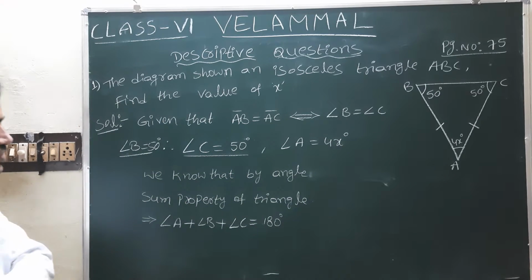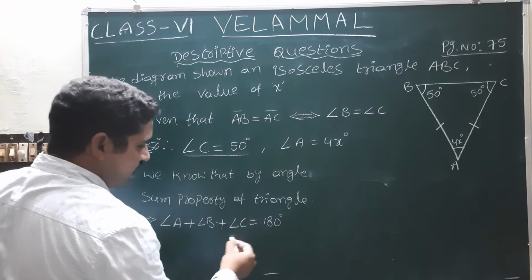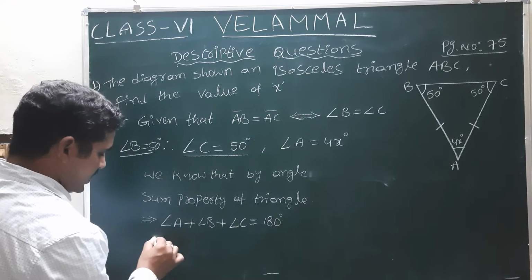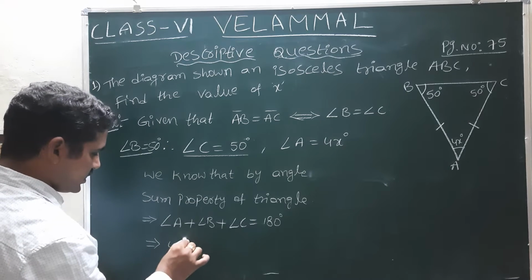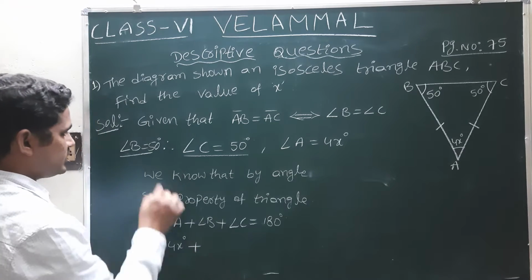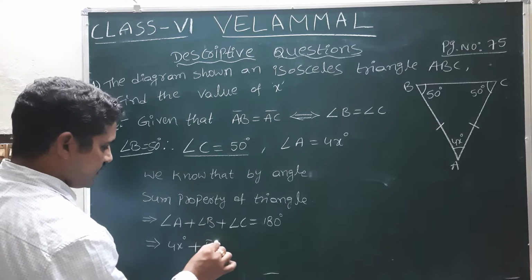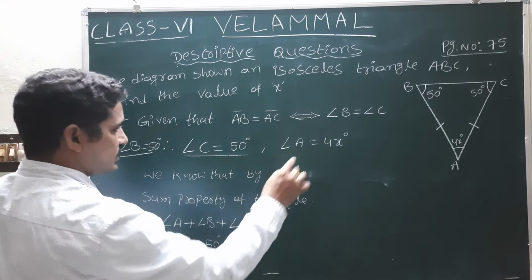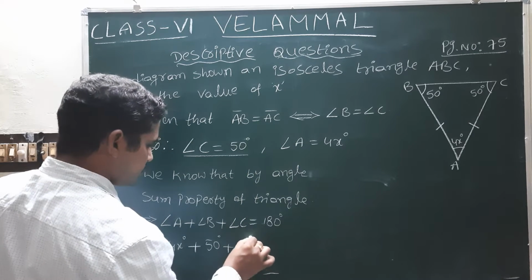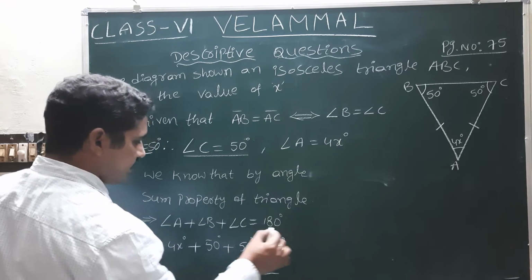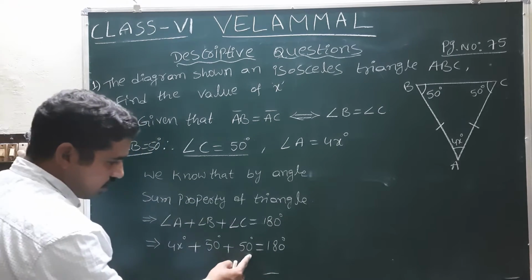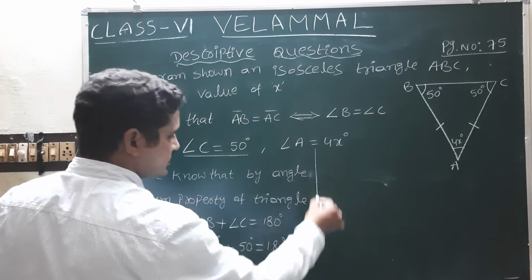Substituting all values: angle A is 4x degrees plus angle B is 50 degrees plus angle C is 50 degrees. By adding all this, we need to get 180 degrees.